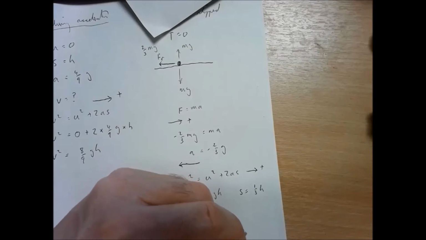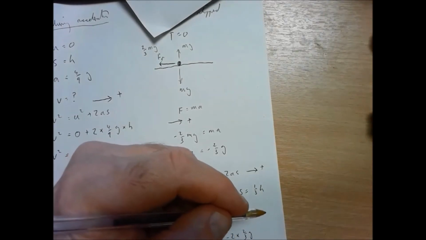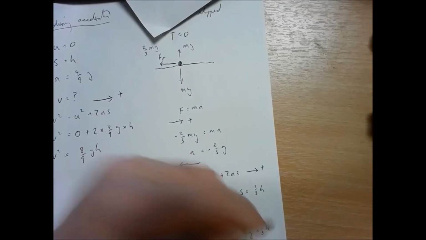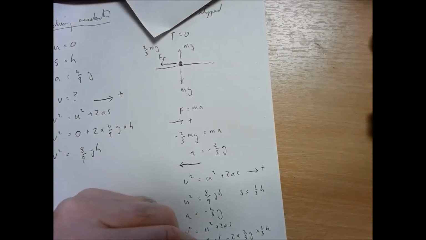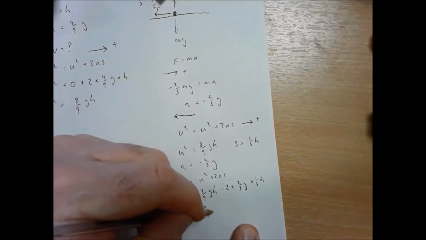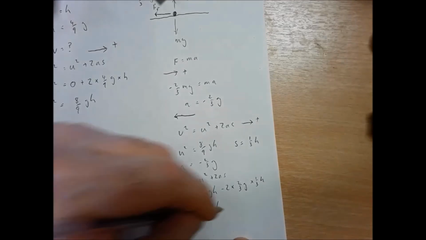V squared equals 8 over 9 gh minus 4 over 9 gh.